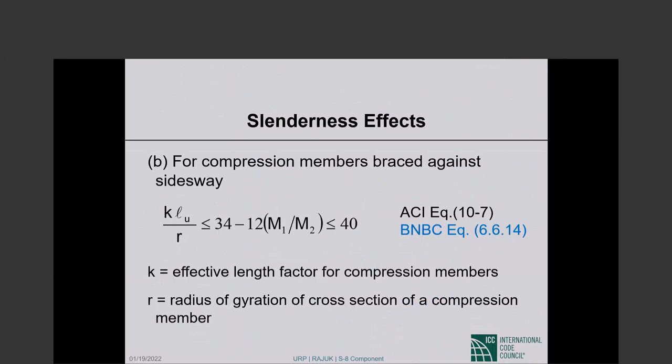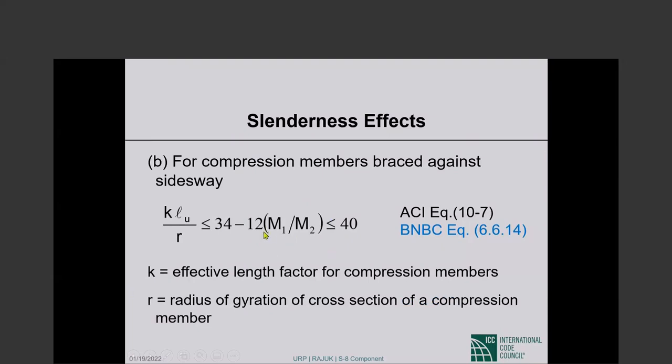If it is a compression member braced against side sway, a non-sway column, then the limit is 34 minus 12 times M1 over M2. And this entire thing, 34 minus that, cannot be any larger than 40.